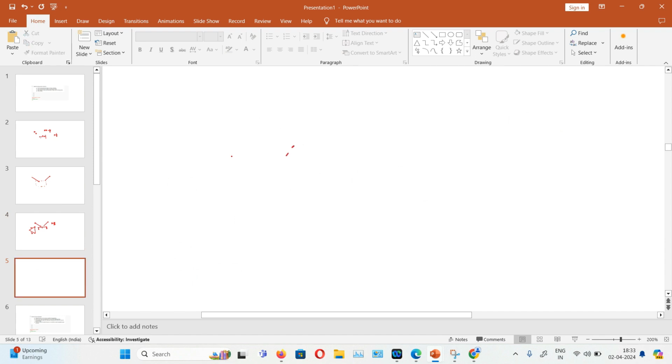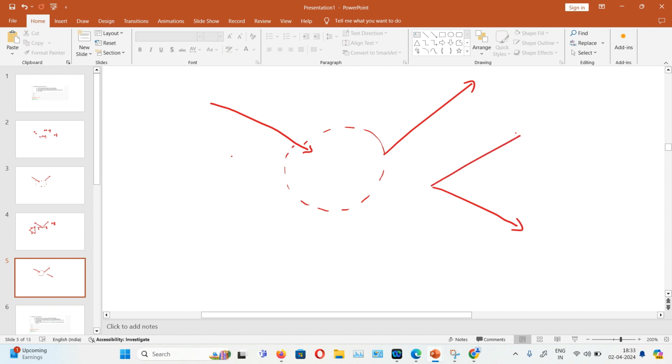say there is some particle. I'm saying the photon is coming here, and after some time the photon is going this way. What is the meaning? The photon has a change in momentum, from initial momentum to final momentum, in this direction. So there is a force associated with that change in momentum.